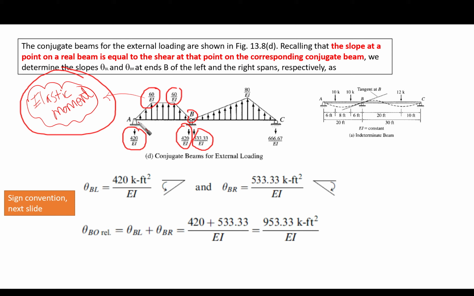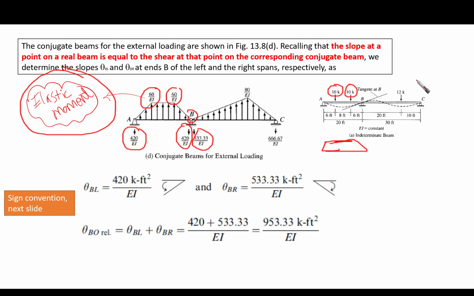So here we need to make the conjugate beam. It's very easy. We have 10 and 10K for the span AB, and it is very easy for us to draw the moment. It is going to be something like this, which is already written here: 60 and 60 over EI.